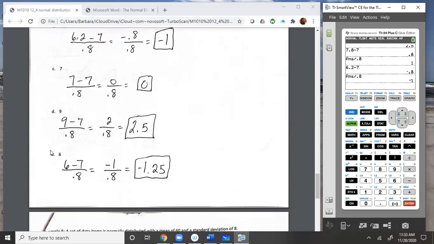An infant that was born 6 pounds, the z-score is 6 minus 7 divided by 0.8, which is -1.25. This is a negative z-score because this birth weight is lower than the mean.